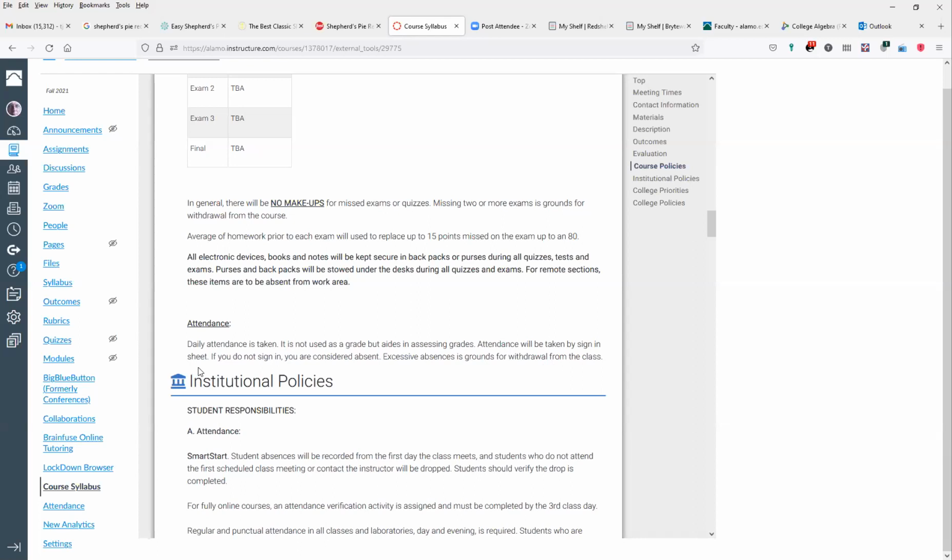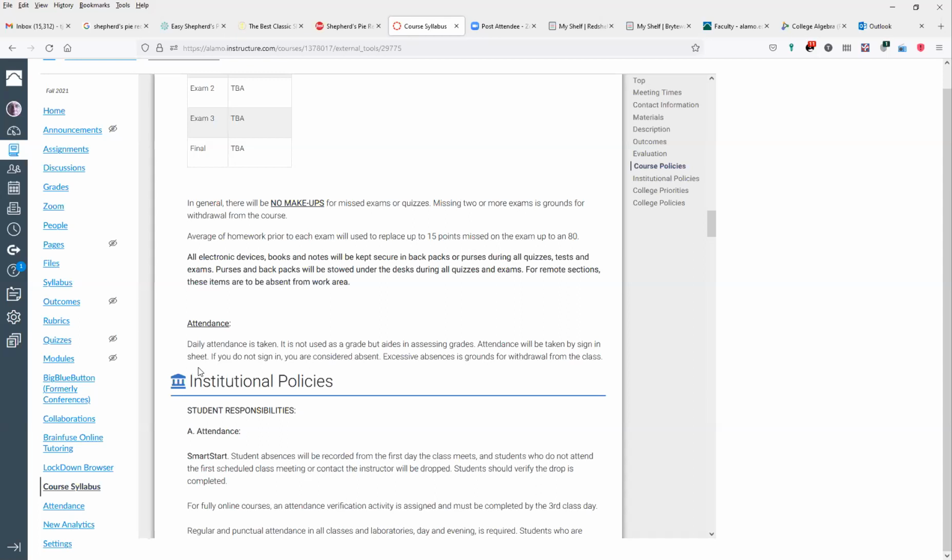Attendance will be taken with a sign-in sheet for face-to-face. In my dual modality classes, the portion of my classes that are remote have to sign in through chat.